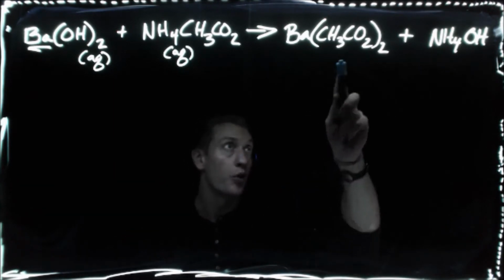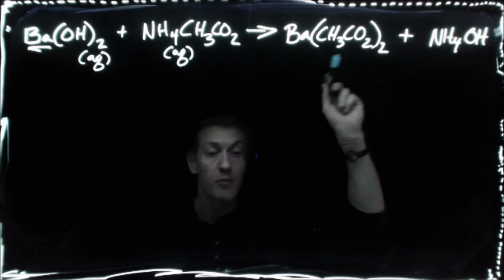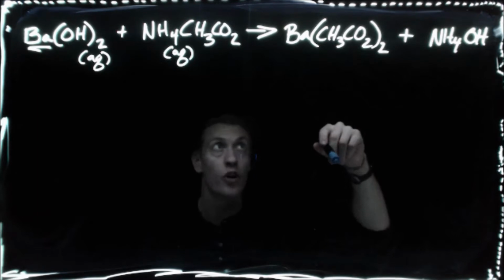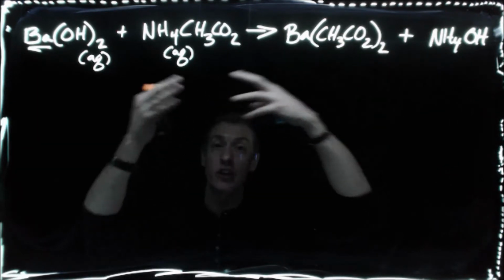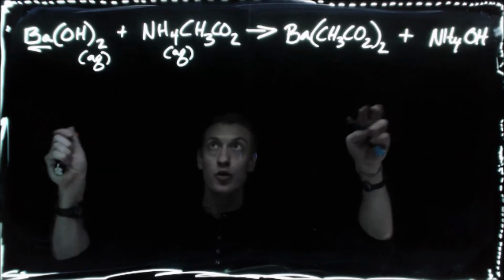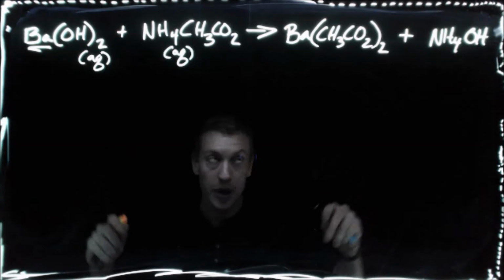If not, if both of these are soluble, meaning that these ions are more attracted to the positive sides and negative sides of water molecules than they are to one another, then it's going to stay in solution and we're just going to end up with ion soup, a whole bunch of ions floating around together, but not bonding.